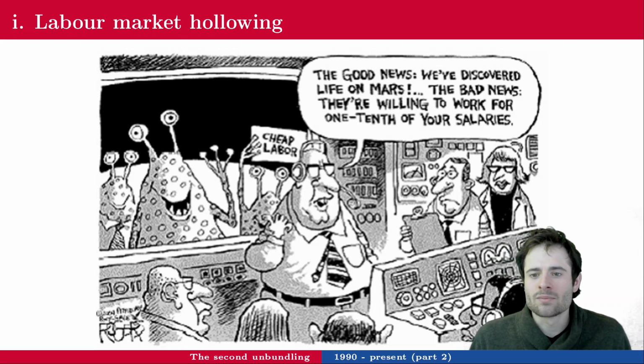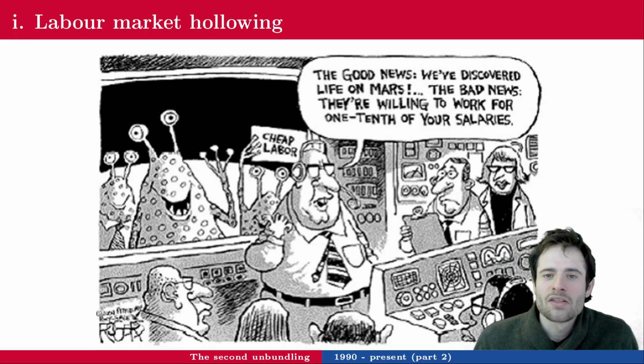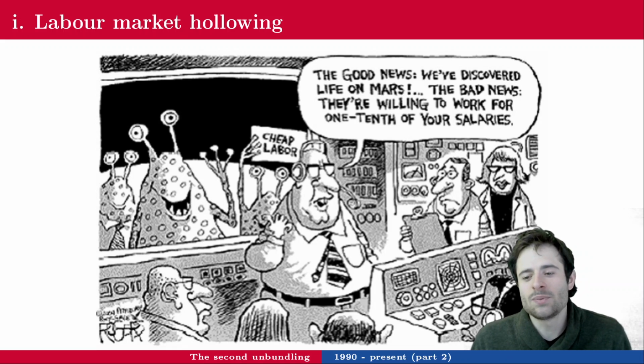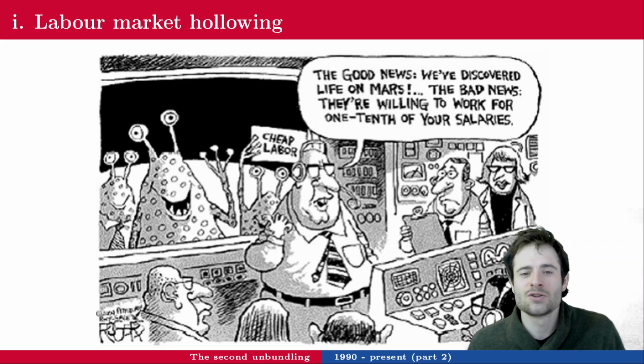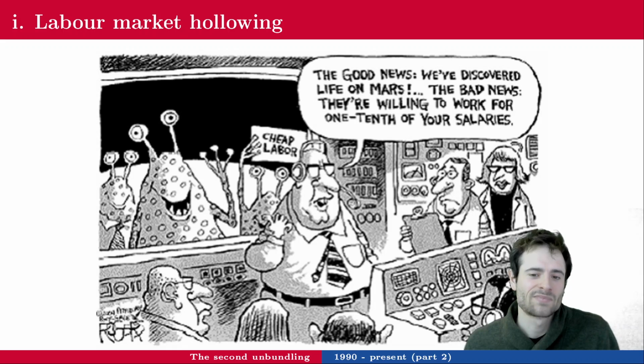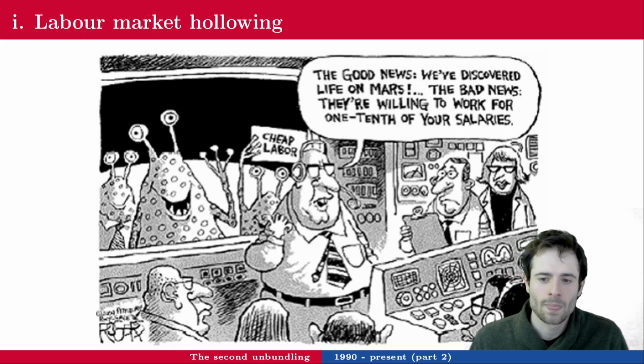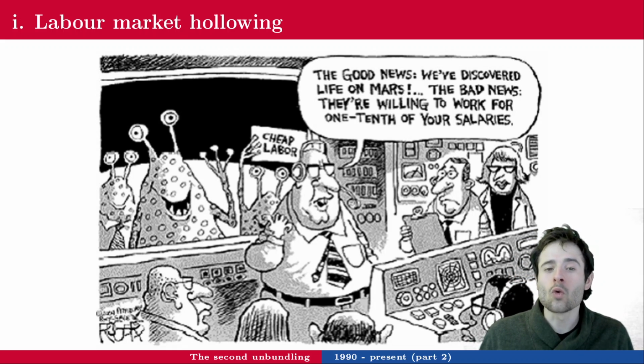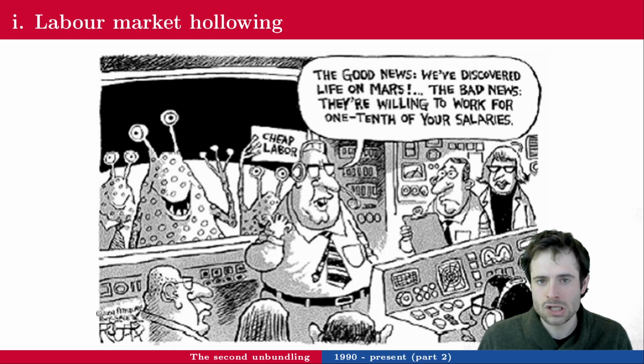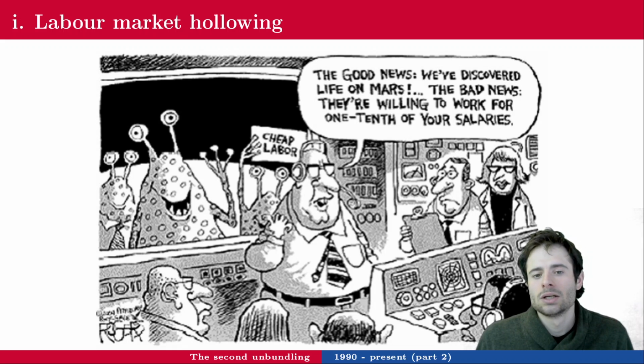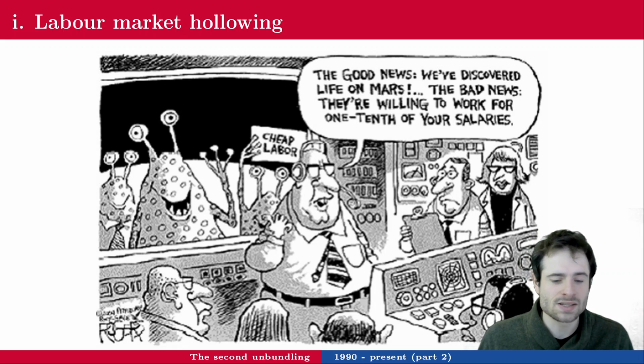We discovered life on Mars, so it's a new market. The bad news is they can work for cheaper. So all of you guys are going to lose your job. That's the idea. Great for people who don't work in this industry. So great for consumers, because we can benefit from lower prices, but not for people who work in that industry.